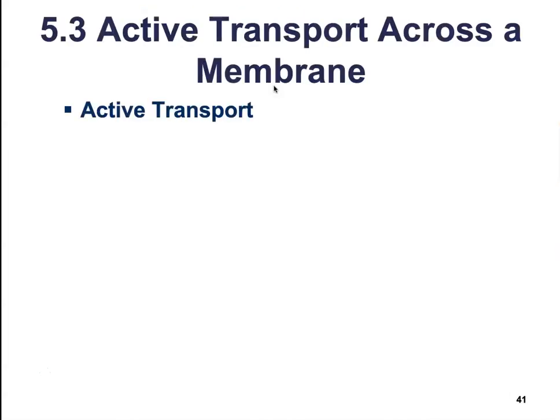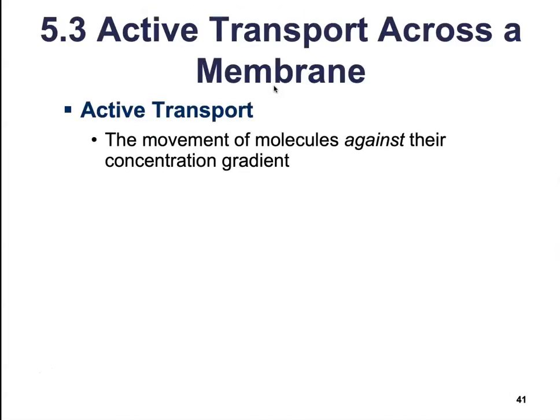Now, I just told you that facilitated transport, though it involves a carrier protein or channel protein, is still passive because it does not require energy. Active transport, on the other hand, is transport that requires energy. And molecules move against their concentration gradient, right?